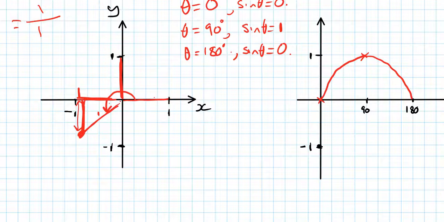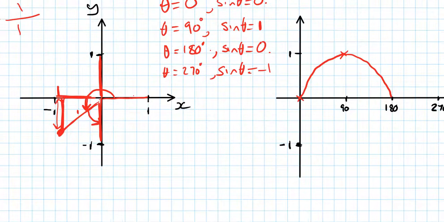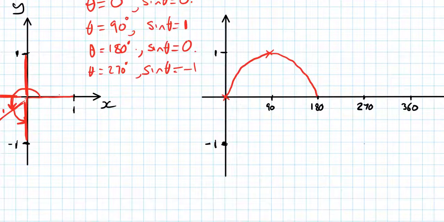In fact, it's going to be negative all the way around to here, when, at theta equals 270 degrees, the sine of theta will be like this. That opposite will be minus 1. We'll have minus 1 over 1. So sine theta equals minus 1. Let's plot that on this diagram. We can see we're going to get smaller and smaller until we get to minus 1 there.